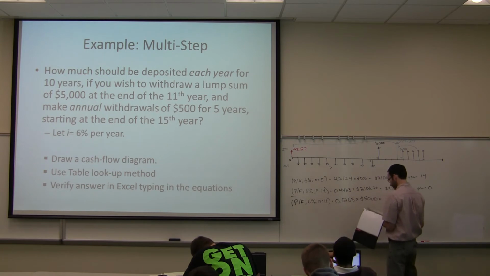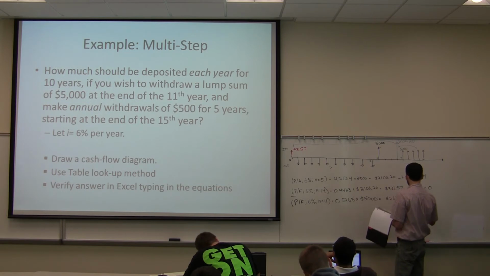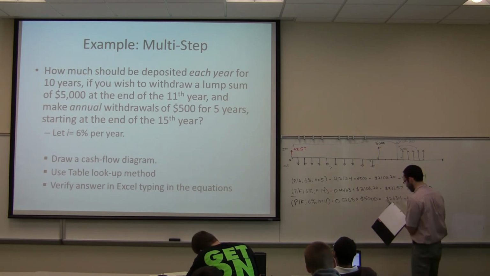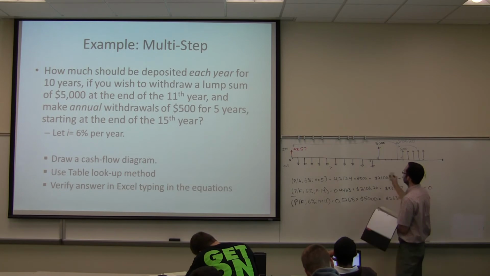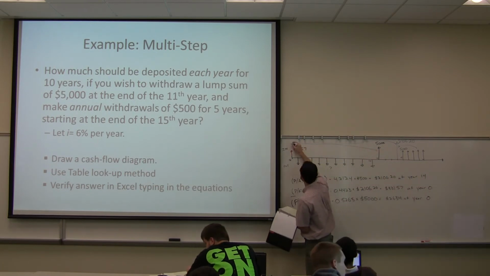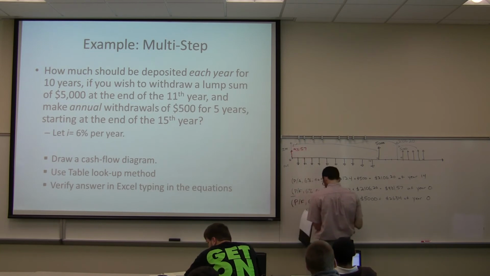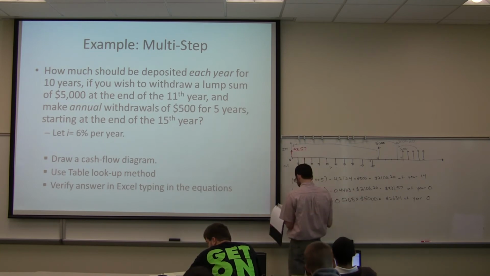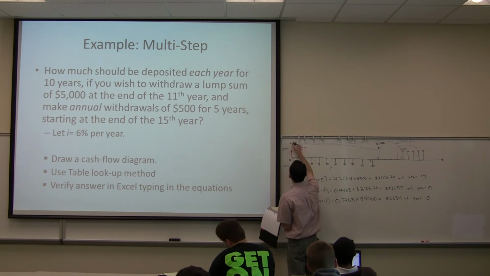And that gives me 2634 at year 0. Okay, so I'm taking the 5,000 to year 0, and that amount was 2634.